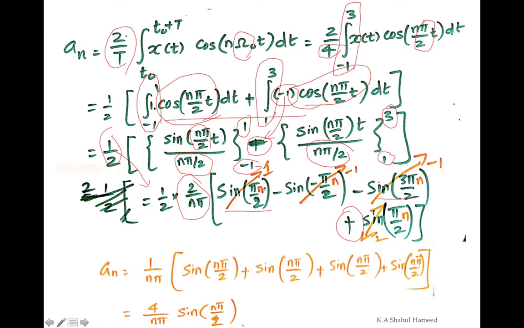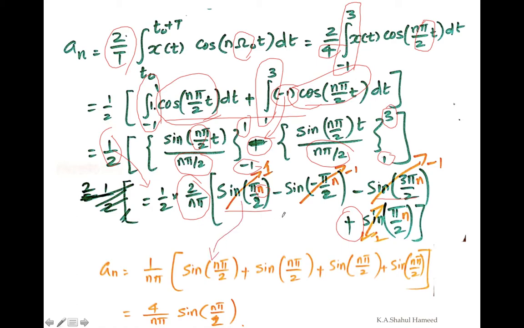When substituting different values of n, for example n equal to 0, sin 0 is 0. When substituting 1, sin pi by 2 is 1, and the value will change accordingly. We do not know anything about this n, so we are not going to substitute it. We are simply going to keep this sin n pi by 2 as it is.